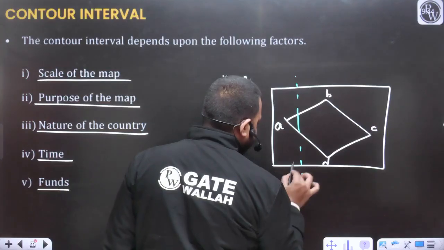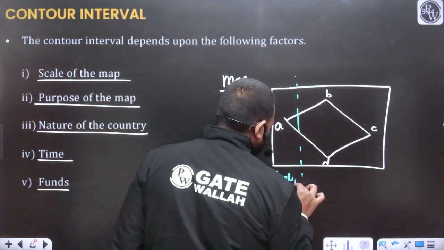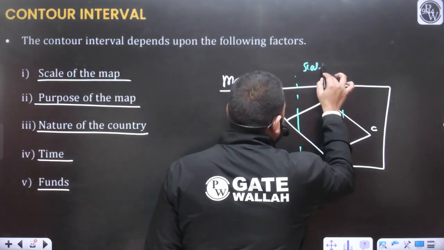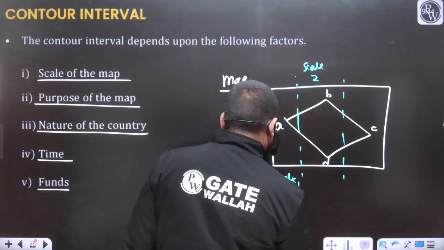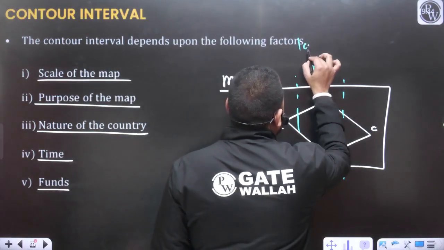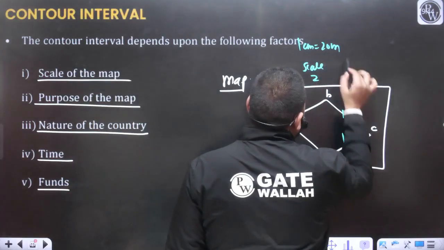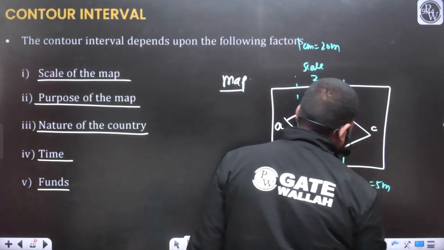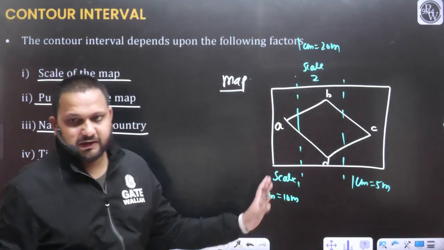For this region we have scale 1, for this region scale 2, like 1 centimeter is equal to 10 meter. Here 1 centimeter is equal to 20 meter, and here 1 centimeter is equal to 5 meter. That is what you are saying.